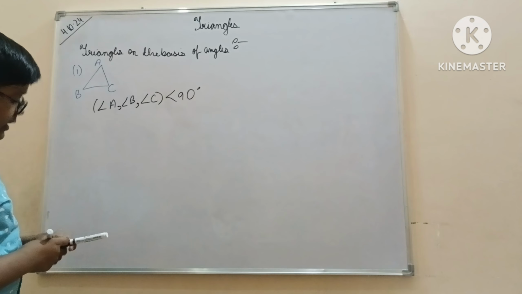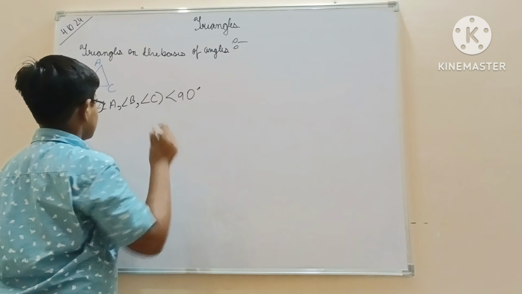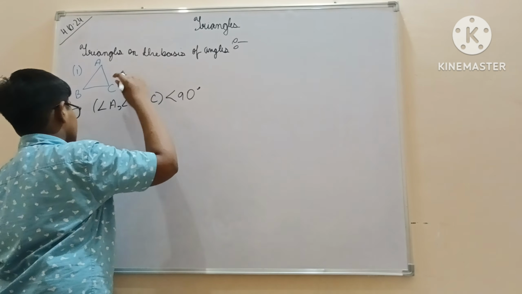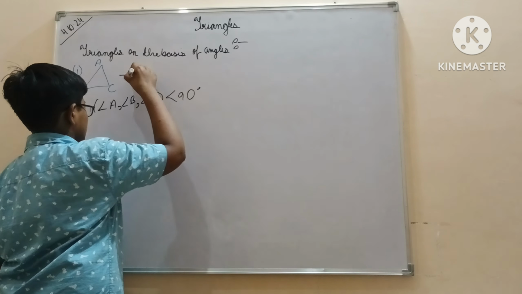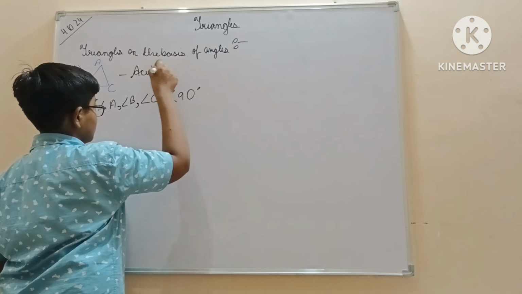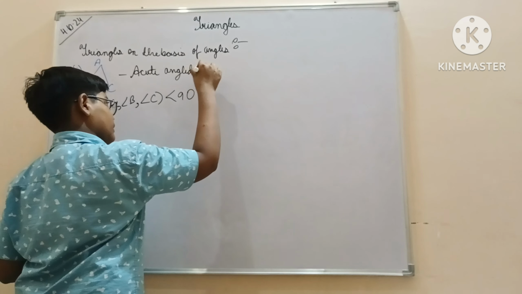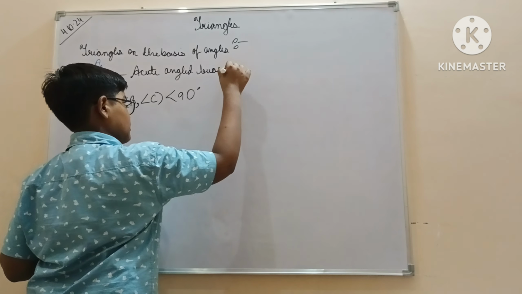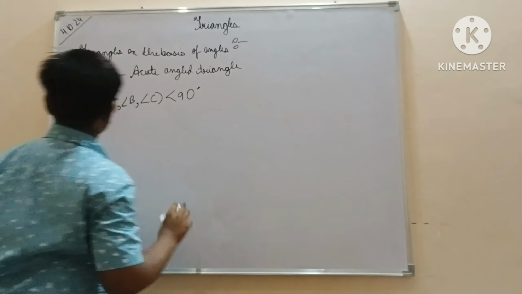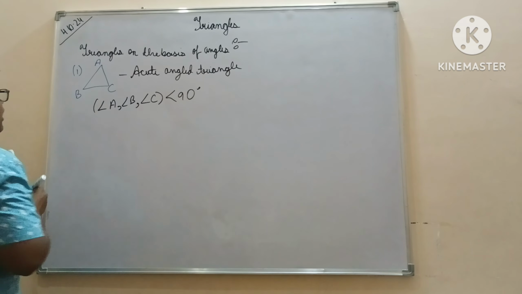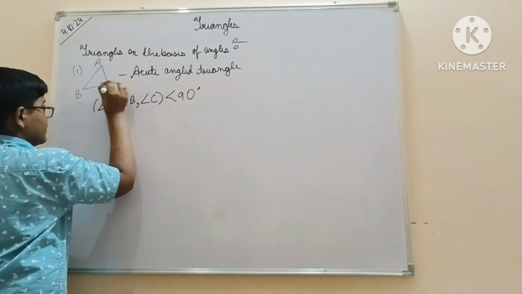This type of triangle is known as an acute angle triangle. All the angles are less than 90 degrees.